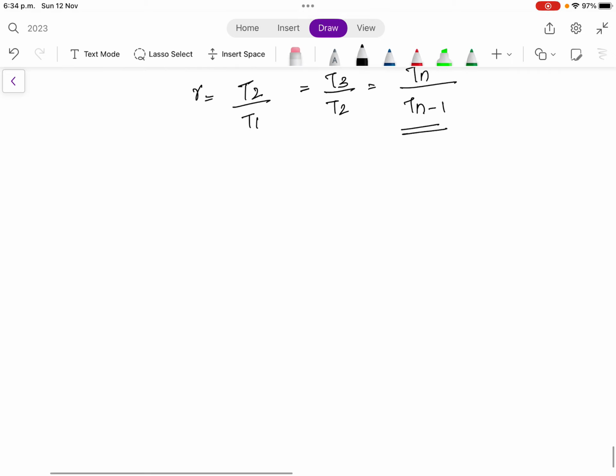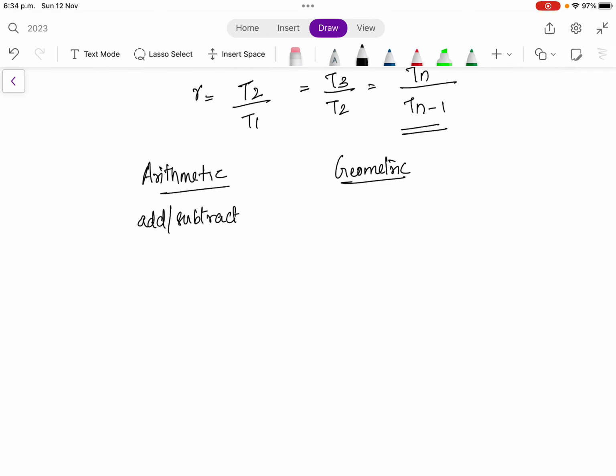Okay, so let me just do a comparison between arithmetic series and geometric series. In an arithmetic series, you add or subtract a value, or maybe add a negative value. Here you multiply or divide, or instead of dividing, you multiply it by a fraction.